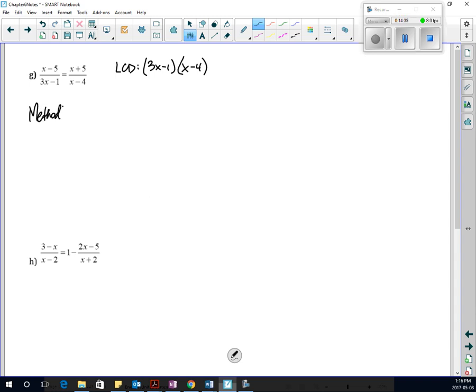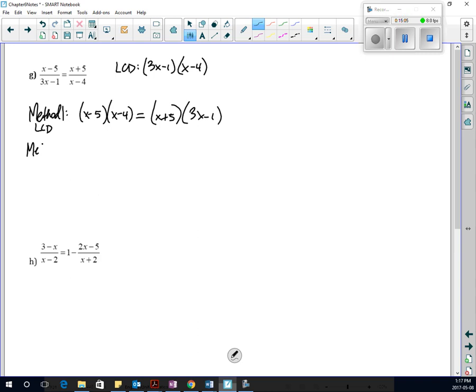So method 1 is our usual method where we multiply each and every term by the LCD. So that means it's going to be x minus 5 times x minus 4 equals, on the right side, I get x plus 5, and the x minus 4s will cancel, so that has to be multiplied by 3x minus 1. So this is the LCD one.